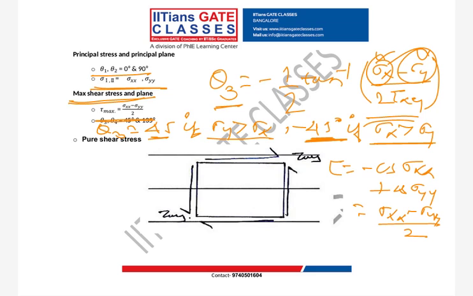When it is plus 45, it will be (sigma yy minus sigma xx)/2. That means this is also a positive value. So in both cases you get tau max as positive, because in this case sigma x is greater than sigma y, and in this case sigma y is greater than sigma x. Clear?